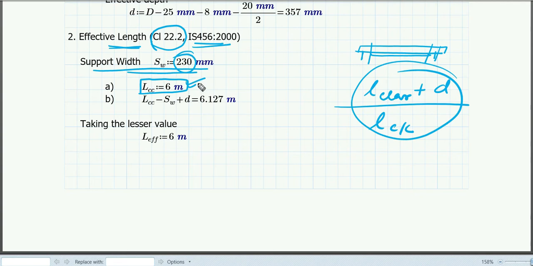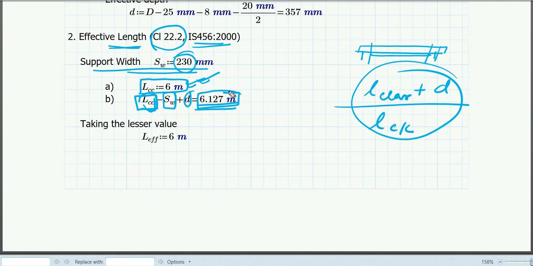So L center to center is 6 meter. We have already been given this in the question. And the clear distance will be how much? LCC, that is center to center minus support width, plus effective depth. That will give you 6.127 meter.